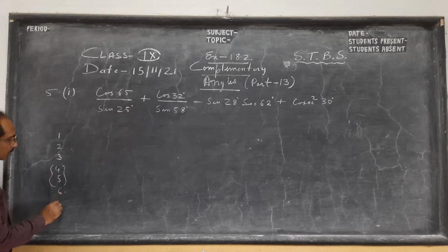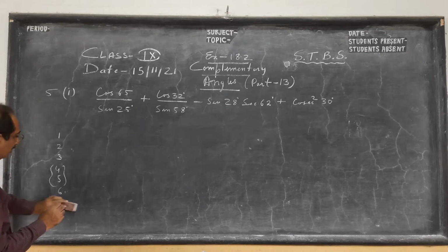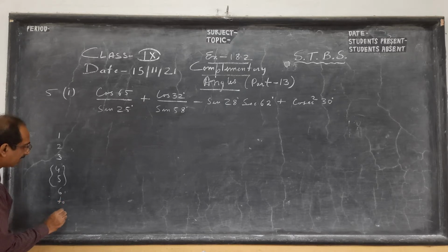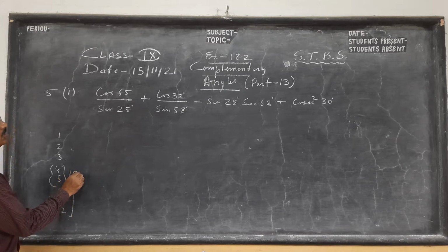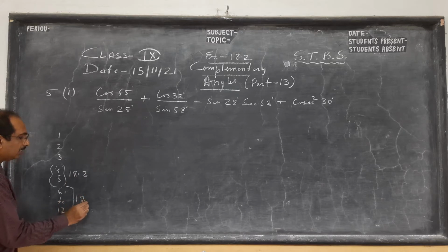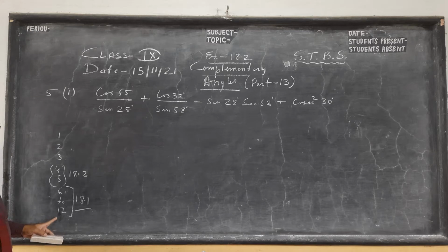Then 6 to 12, I have made all on standard angles, based on 18.2, and there are 7 videos on 18.1, 6 to 12. Just today I made part 12, so I have solved most of the difficult questions, about 80%, on standard angles from ML Agarwal's book.